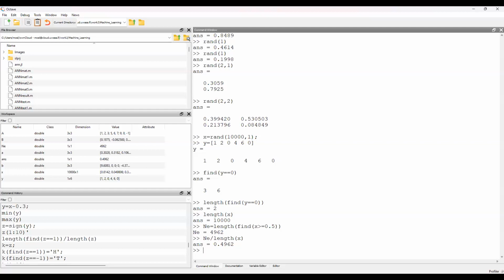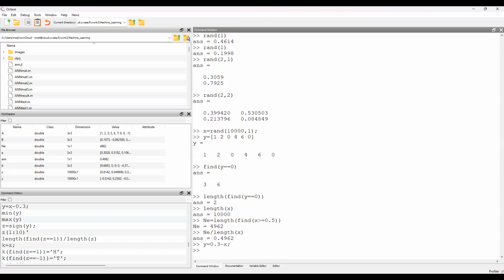Okay, now I have x. x is giving me numbers from 0 to 1. Let me define y, and y equal to 0.3 minus x. What does that mean? What is the minimum number of y now? The minimum number of x is 0. So the maximum number of y should be 0.3 minus 0 equal to 0.3.